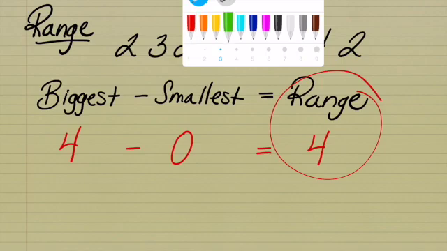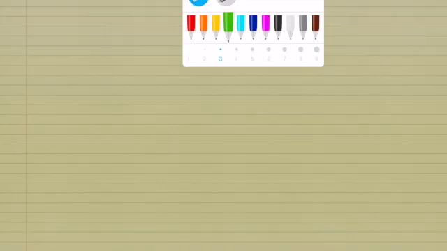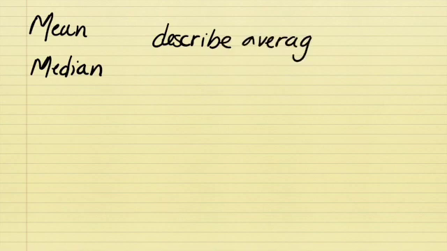Now, the range actually is different from mean, median, and mode. Let's talk about that for a second. The mean and the median are both different ways to describe averages.